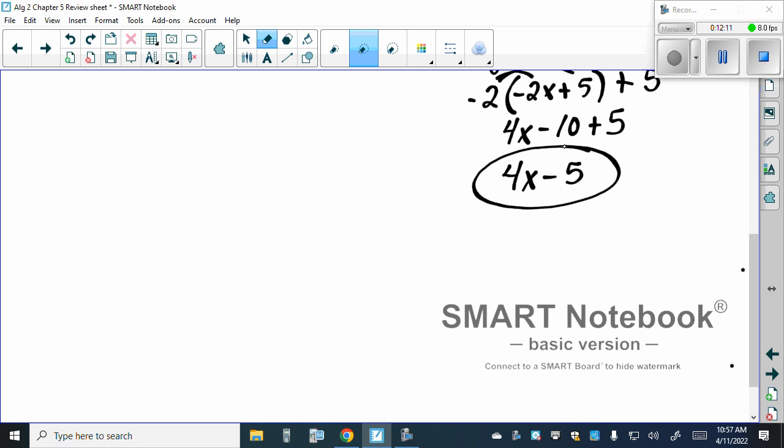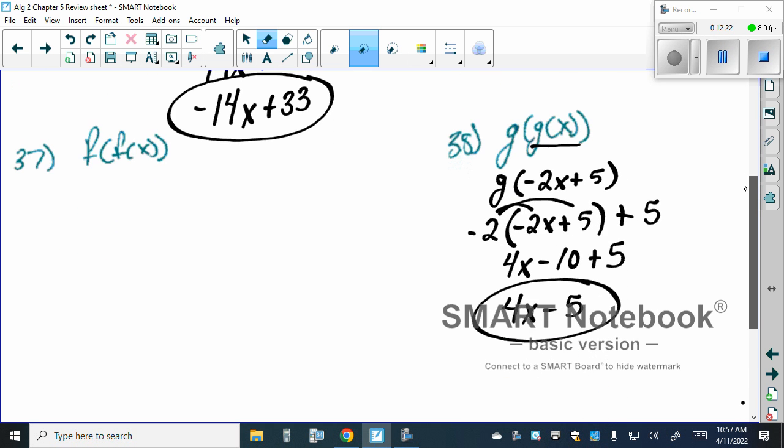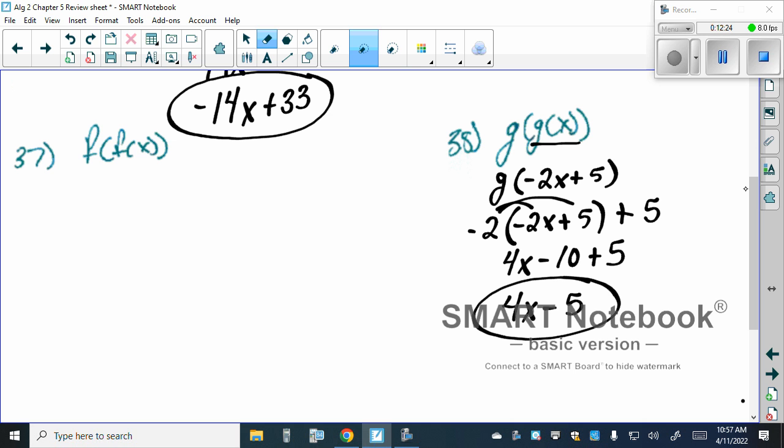And with all these composite functions, we just want to work from the inside out, taking it one step at a time. Any other questions on 35, 36, 37, or 38? We good with these here? Yes?